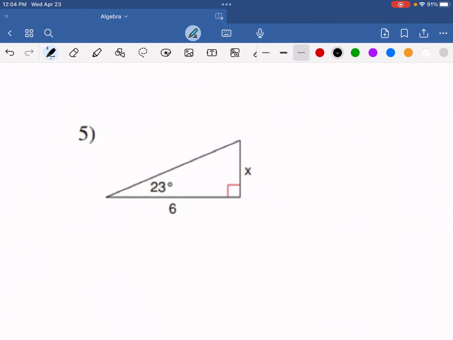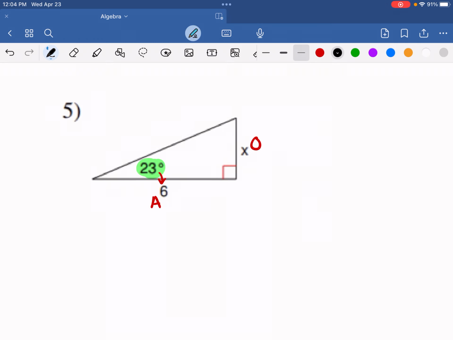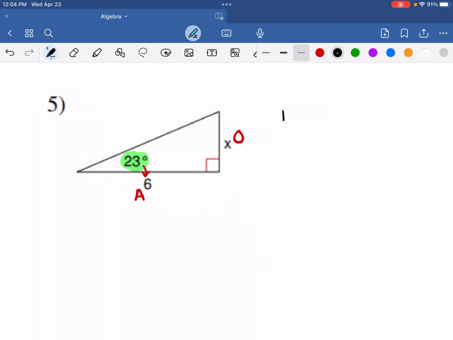Okay, 2 more. Okay, label the triangle. We're starting in 23 degrees. The longest side is H. Which one's next to 23? That would be 6, so that's A, and this is O. We cross out the blank one, so that'd be H. Okay, we only have O and A, so that would be tan. Tangent of 23 degrees is equal to O on top, A on the bottom.